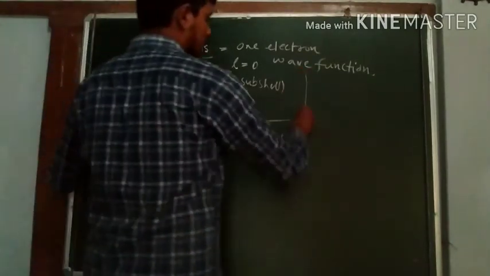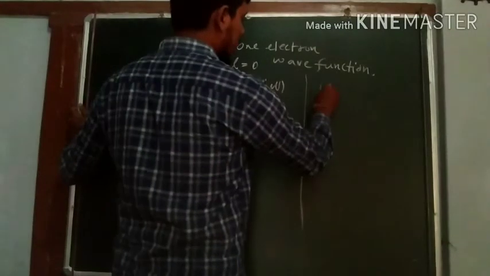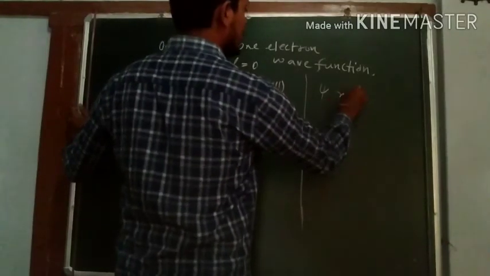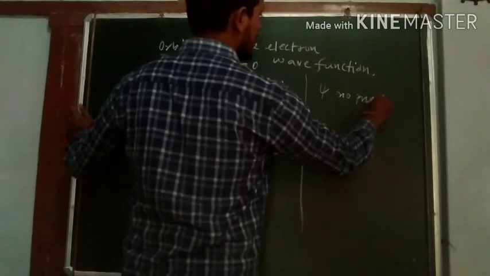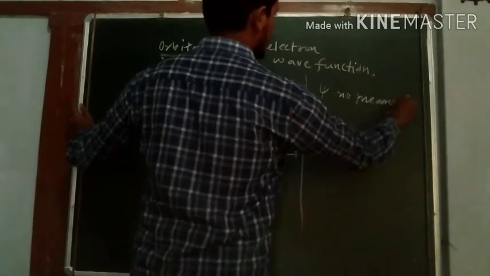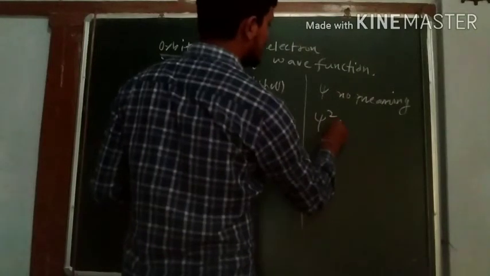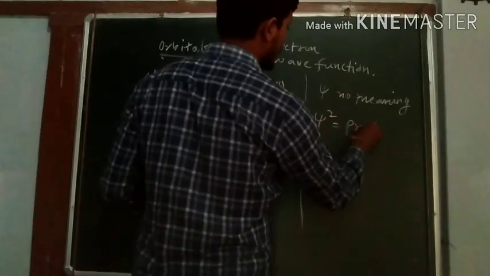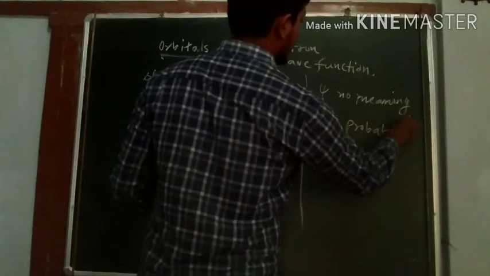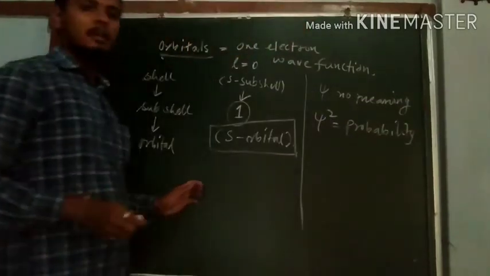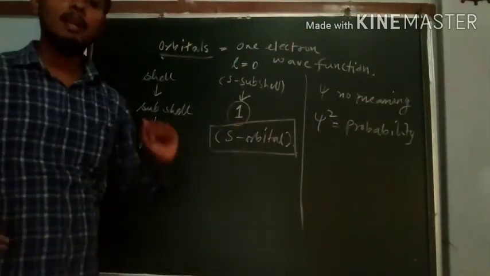So I already told that psi has no physical meaning, kuno nai. So psi has no physical meaning, but psi square gives me the probability of finding electron. Okay, so psi square tells me about the probability of finding an electron.